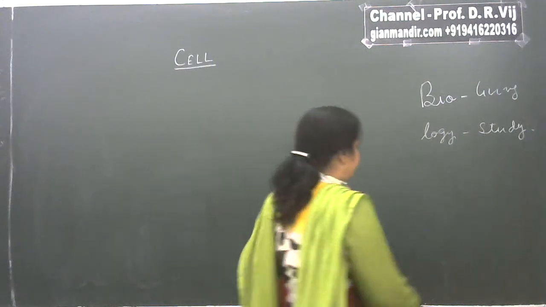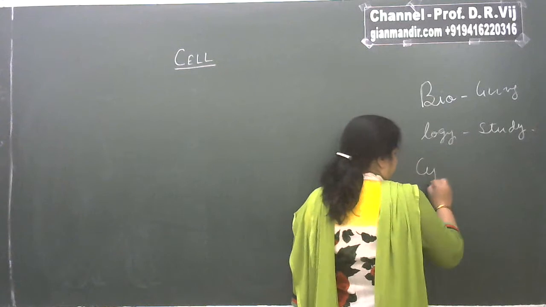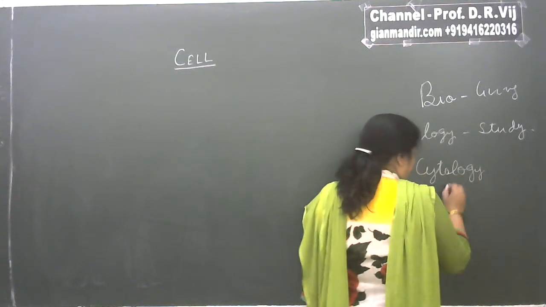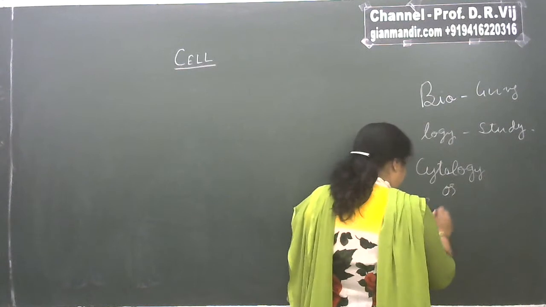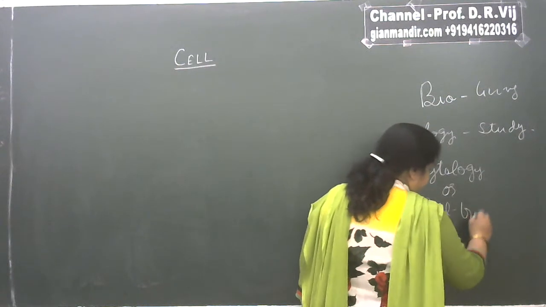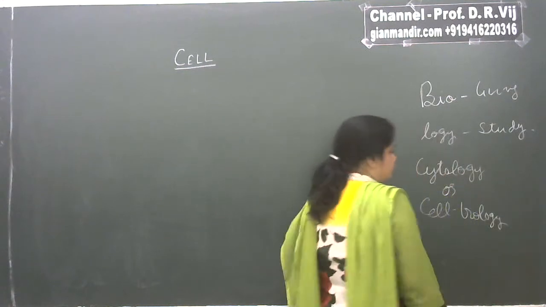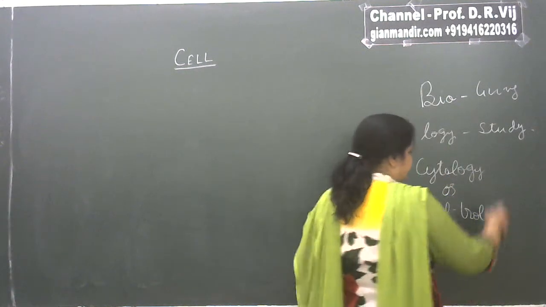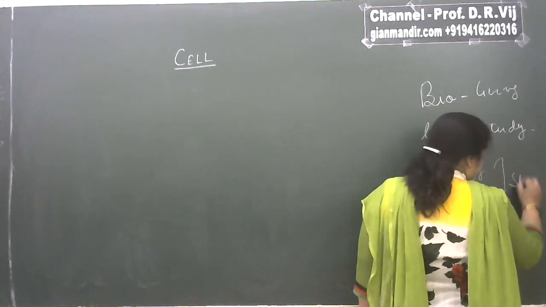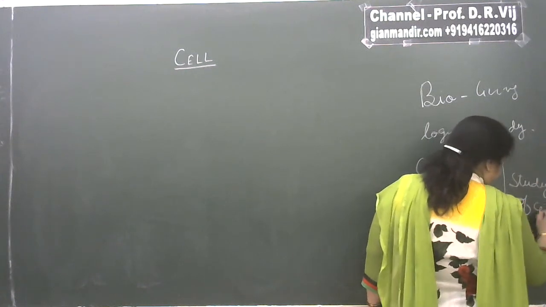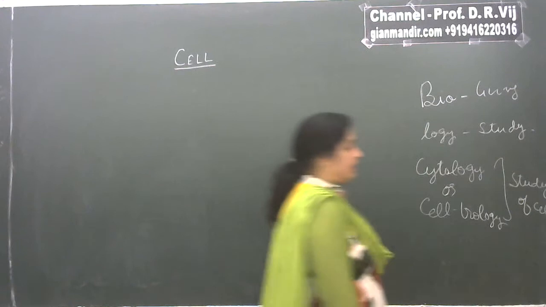And we have another term, that is cytology, or in modern days, this cytology is also known as cell biology. So, cell biology or cytology is the branch of biology which deals with the study of cell, right?